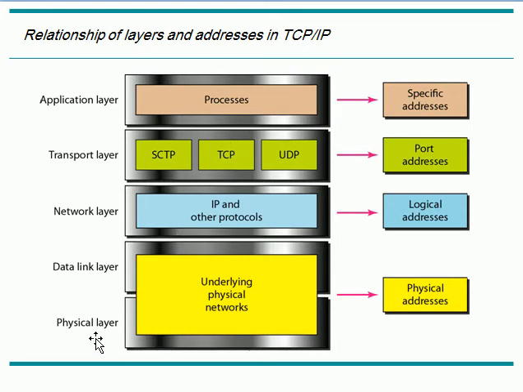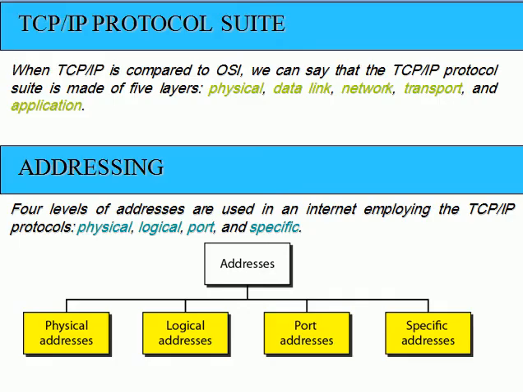We have the physical layer, data link, network, transport, but we don't have session and presentation. We have the application layer directly. So be careful, these are the 5 layers of the TCP/IP representation as a suite.